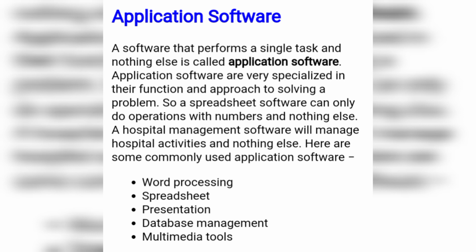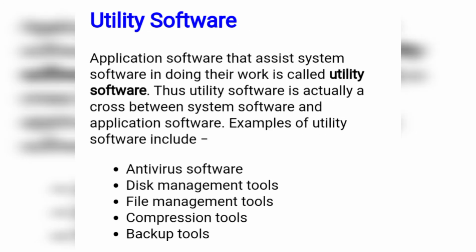Here are some commonly used application software: word processing, spreadsheet, presentation, database management, multimedia tools. Utility software. Application software that assists system software in doing their work is called utility software.